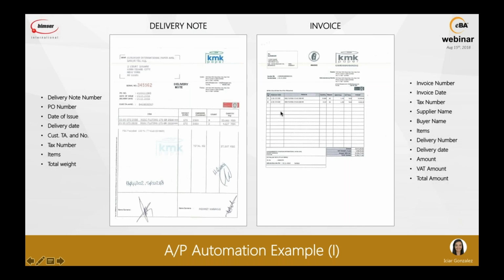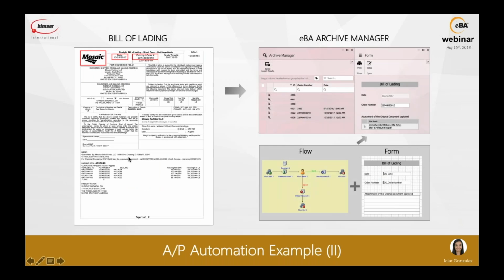So one of the things that we can do is create a template to be able to capture the information on either a delivery note or an invoice, and then transfer it to eBA. For example, just to give you an idea of how this is going to work, we would get one of these documents. In this case, it's a bill of lading, and let's assume that we only want to transfer these two fields, the date and the order number.